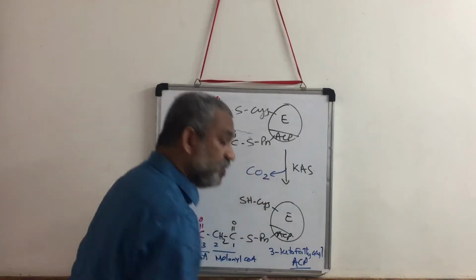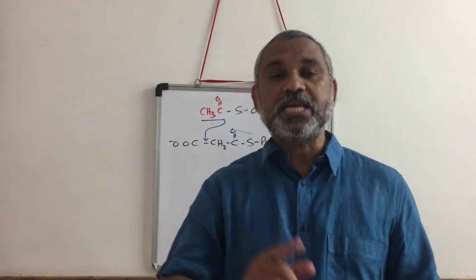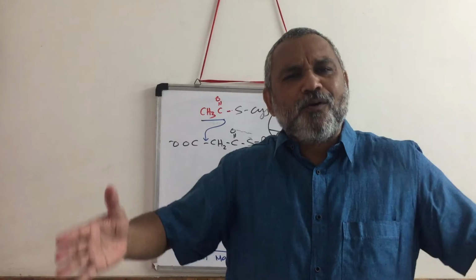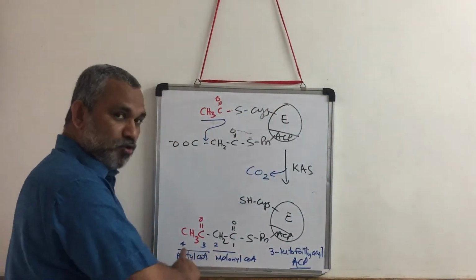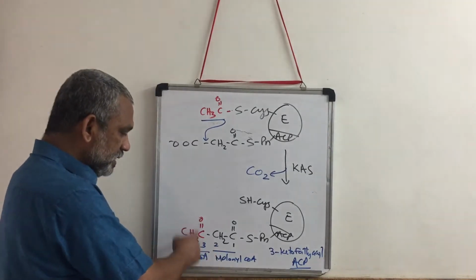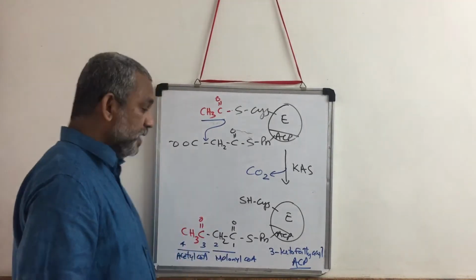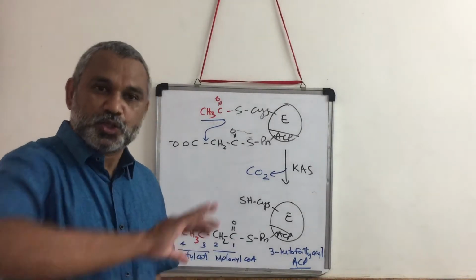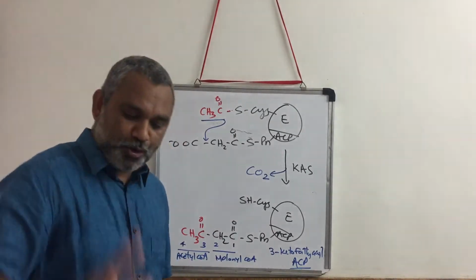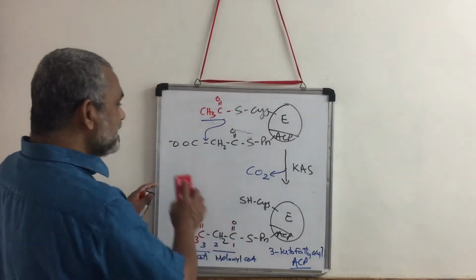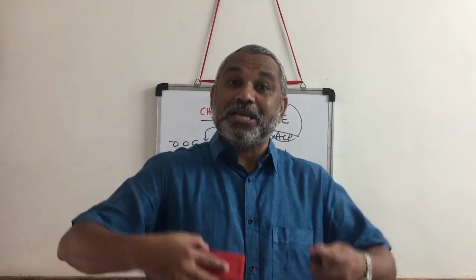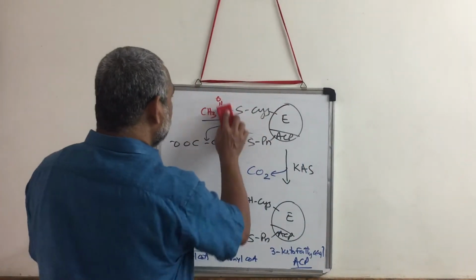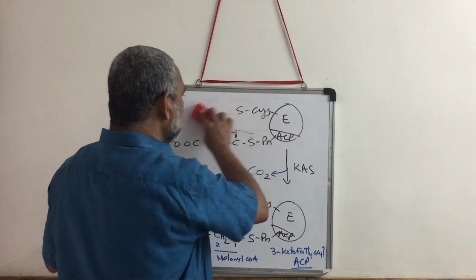So remember, we will be using only ACP. 3-keto fatty acyl ACP. It is a 4-carbon short chain fatty acid which is created. Okay, not fully fatty acid, but a 3-keto fatty acyl ACP is formed. So this is the work of domain number 1. Once it is done, let us see what happens in domain number 2. So therefore, let us make modification here itself.